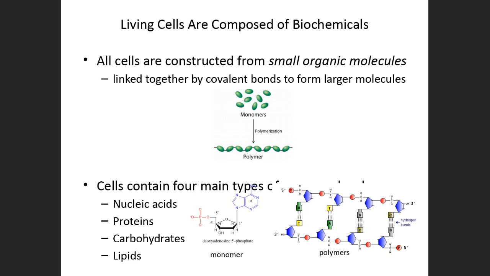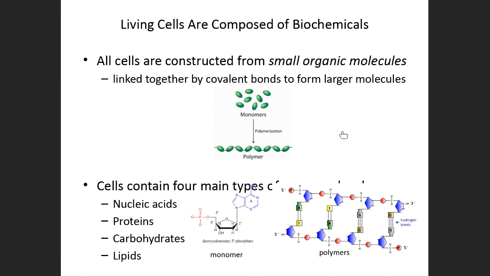Now, a lot of the molecules that we're talking about are very large molecules, macromolecules. And they become macromolecules not because they're made as macromolecules, but because they are synthesized in bits. And those bits are called monomers. And the monomers, no matter which one of these macromolecules you're talking about, are arranged in a chain-like fashion to create a polymer.